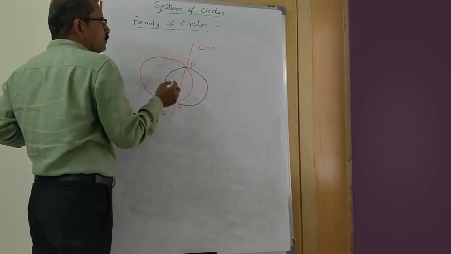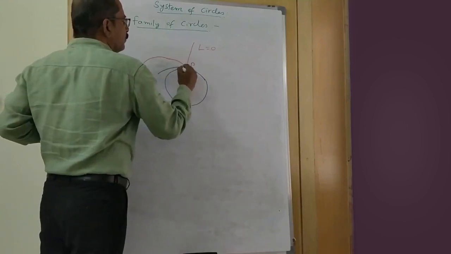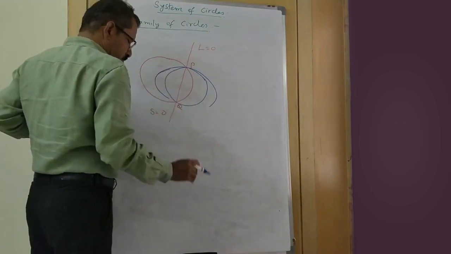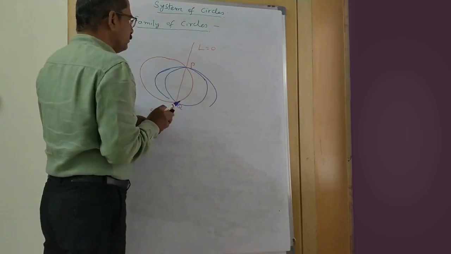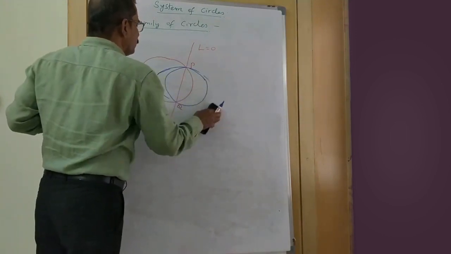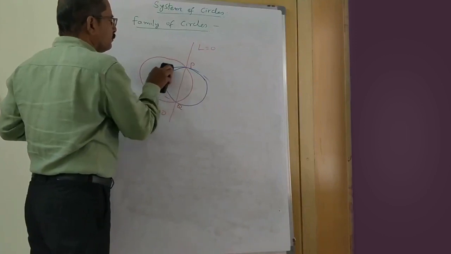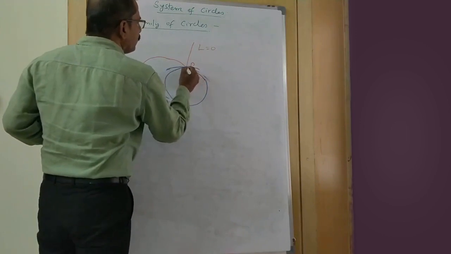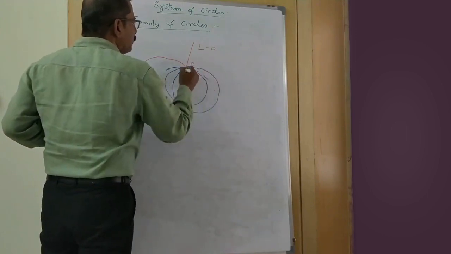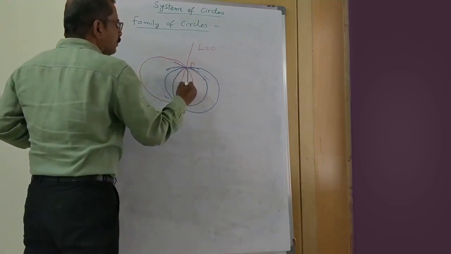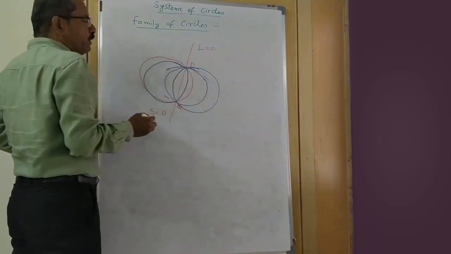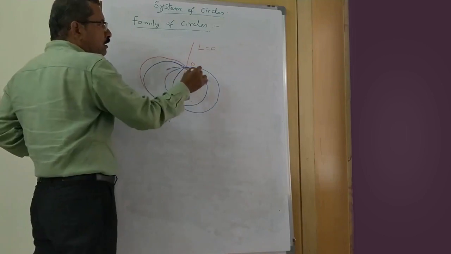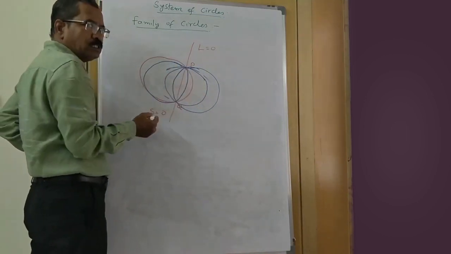This is one circle. And like this, and like this also, we can draw many more circles which are passing through P, Q. These are called the system of circles or family of circles.